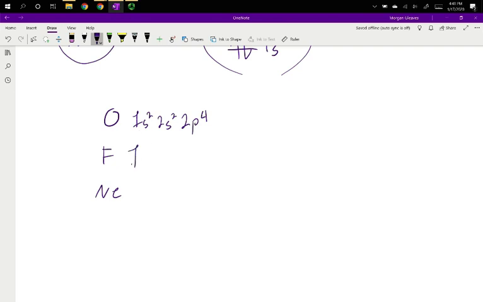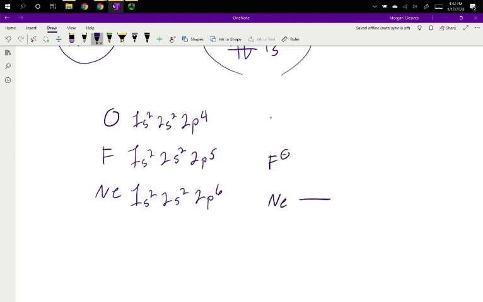Fluorine, the next one in line, has 1s2, 2s2, 2p5, and neon has 1s2, 2s2, 2p6. As we make their standard ions, well, neon doesn't change. It doesn't become plus or minus charged. It's a noble gas. It's neutral.